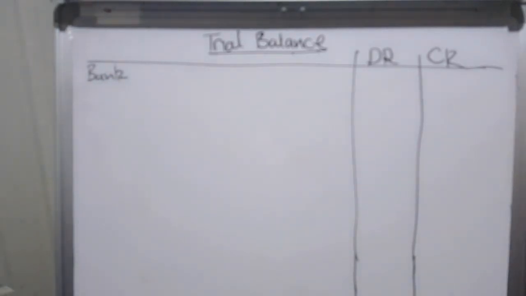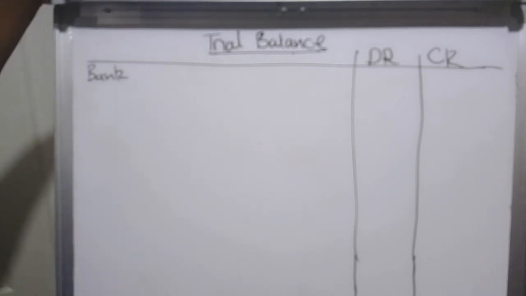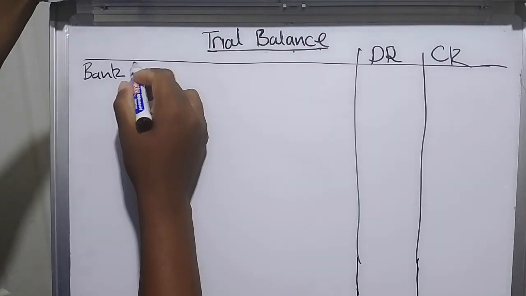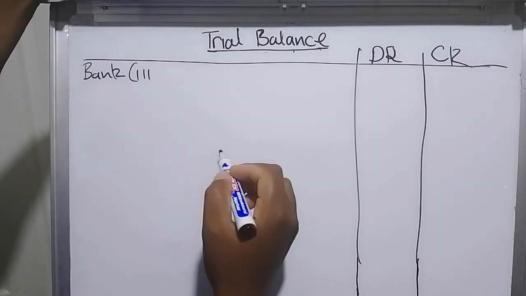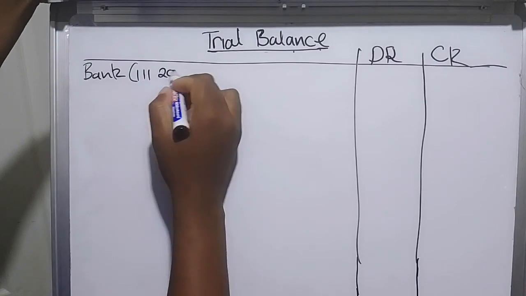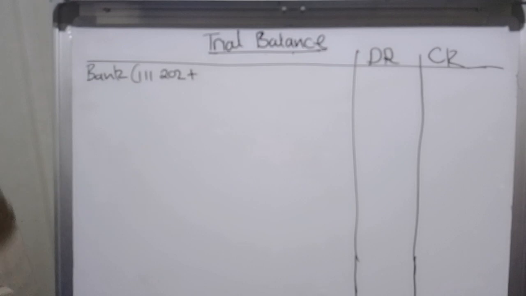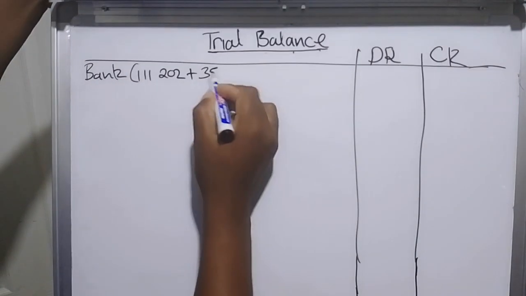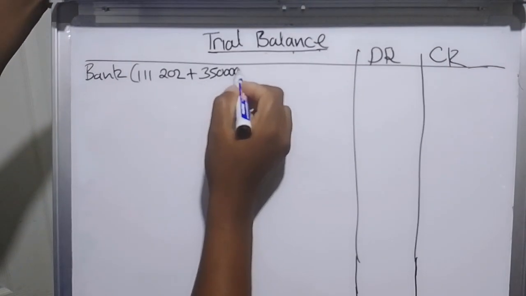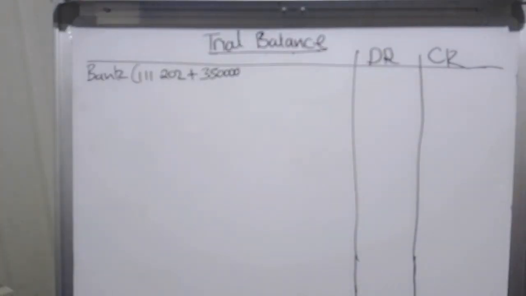Now the bank has been affected by quite a number of things, and some of these include the cash, the money that we obtained from sales. We obtained 111,202 from sales. We also obtained $350,000 from capital that was injected.